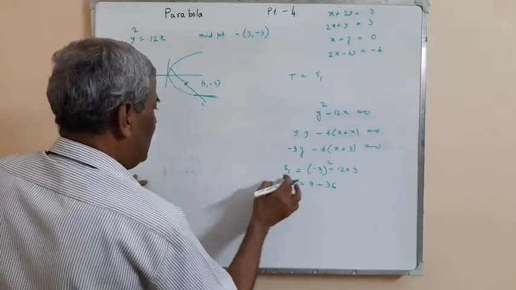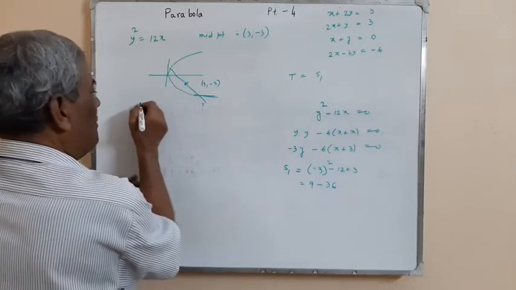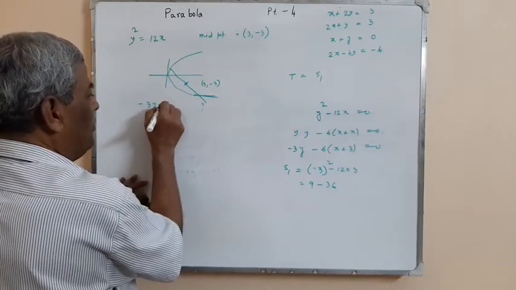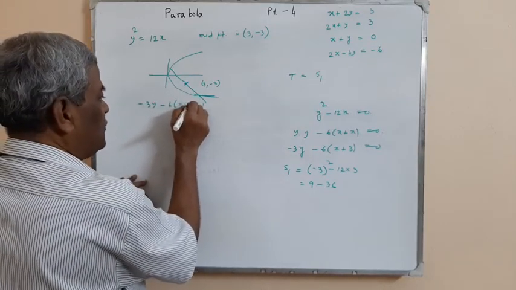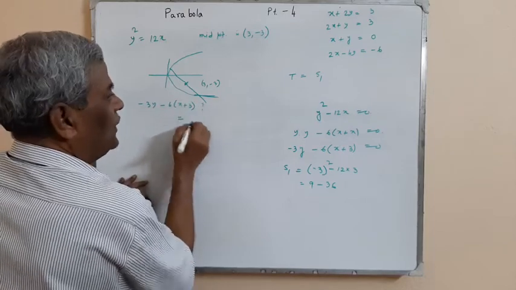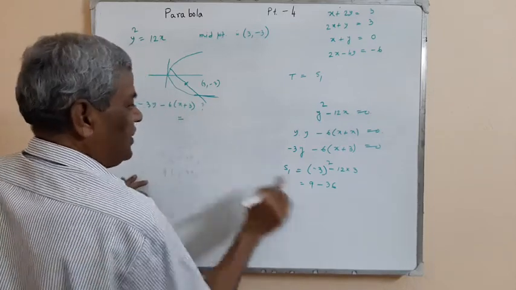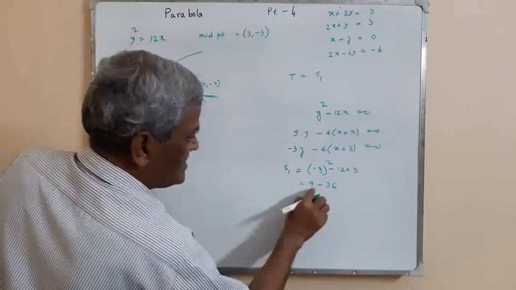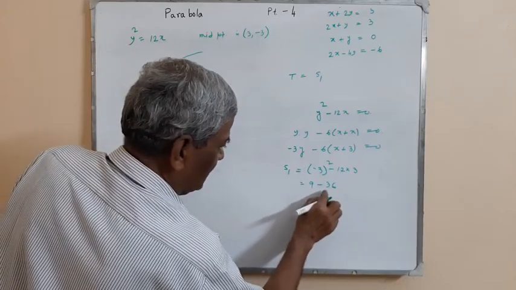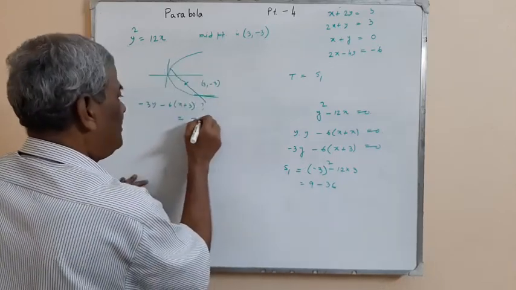T means this one, that is minus 3y minus 6 into x plus 3 equals S1, meaning minus 27.